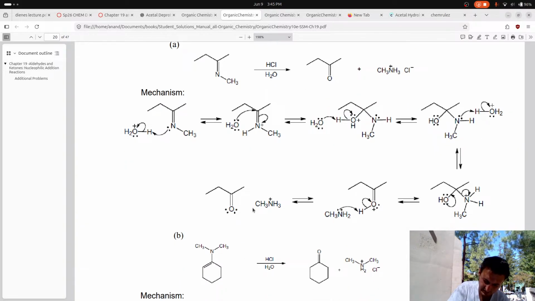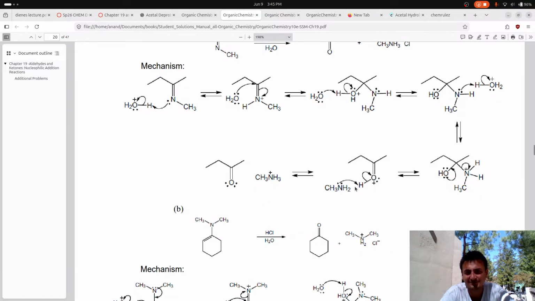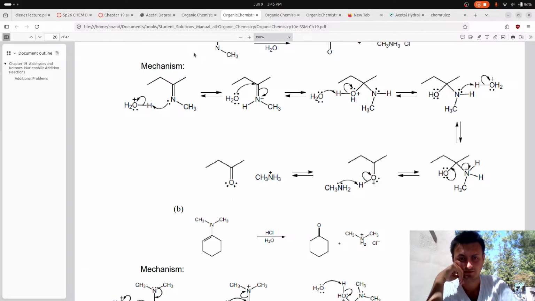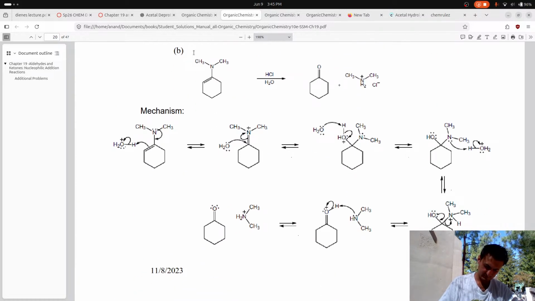Finally we get a ketone, and then water takes this proton from the oxonium, plus methylamine. You could say that, but really, that's a bunch of baloney. All right, so that's a good one.